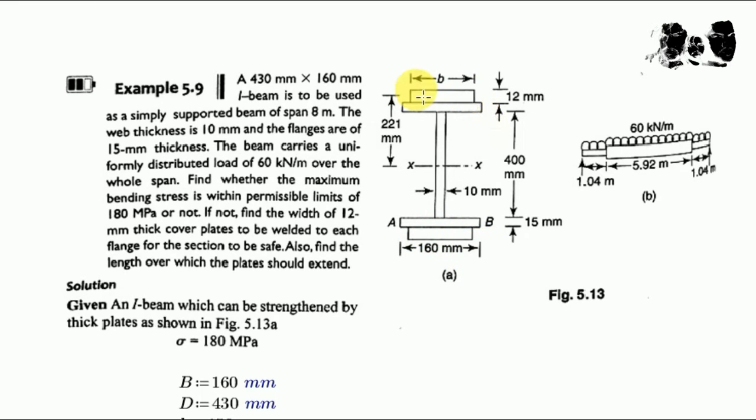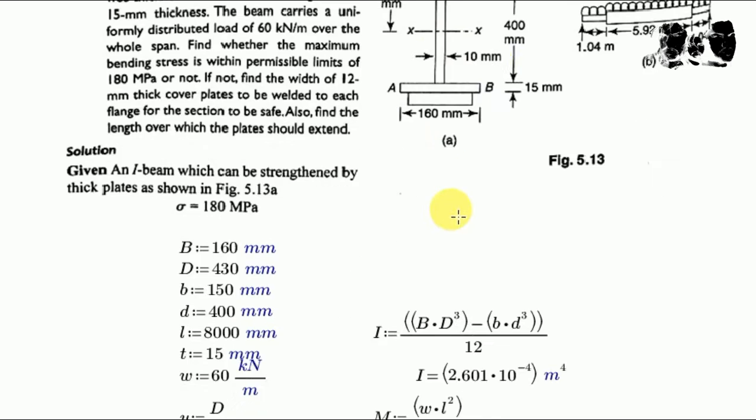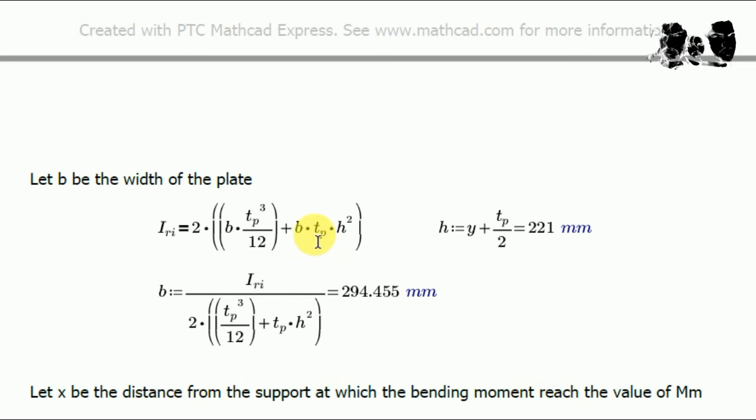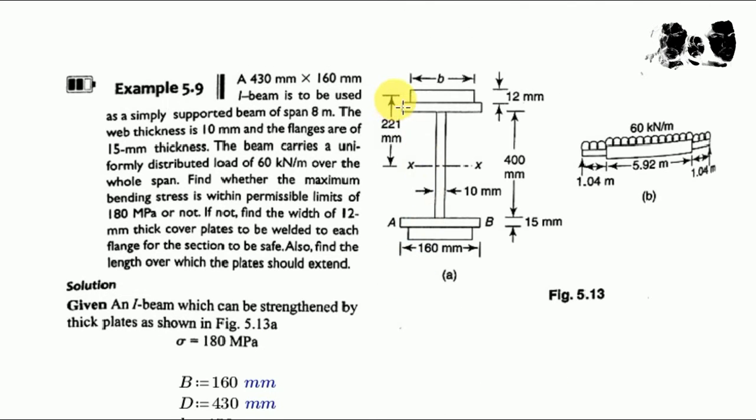If we assume the width of the plate is B, then we can easily form the formula of moment of inertia, which is BD cube upon 12 for a rectangular section, and applying the parallel axis theorem, which states the addition of area into h square, where h is the distance from the neutral axis of the plate to the neutral axis of the total I section.